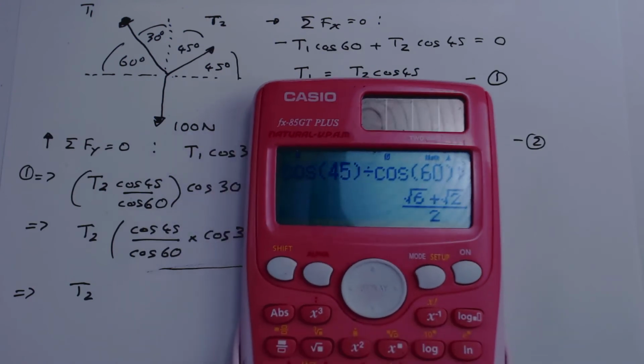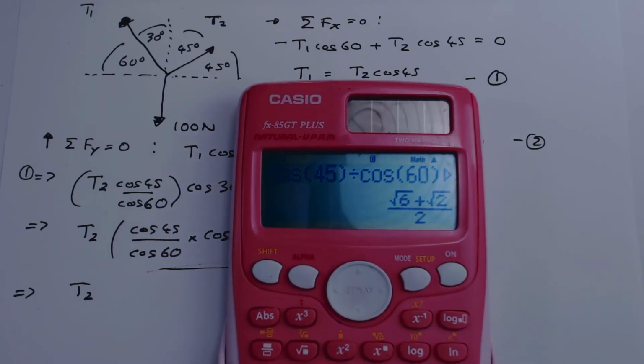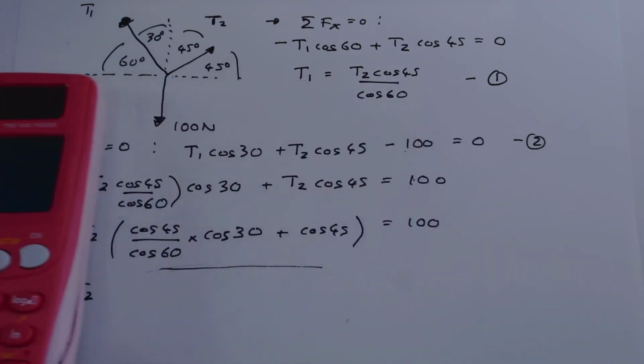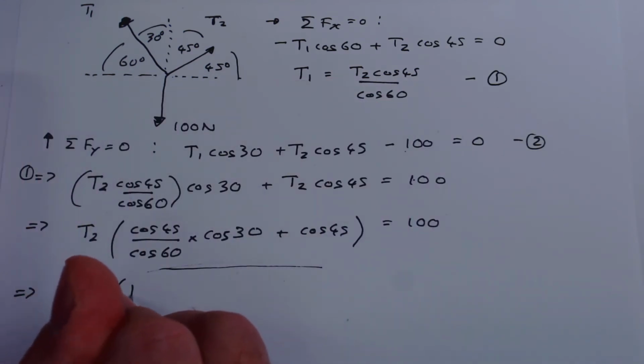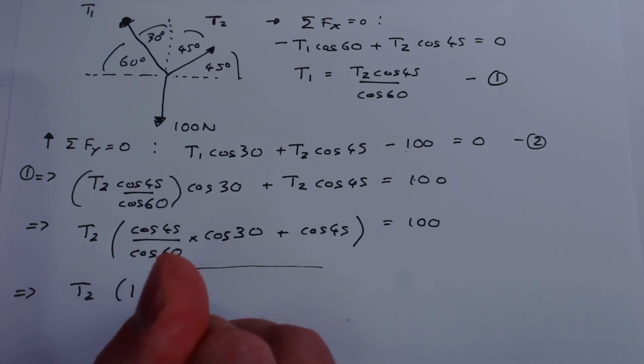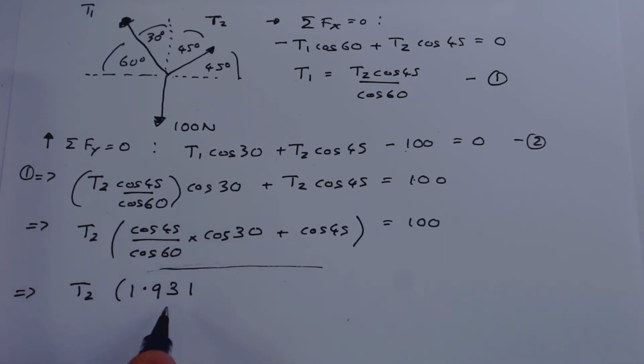Oh, look, my calculator wants to tell me the answer in irrational numbers, but I don't want that. So I press the SD button and I get 1.931. If you're doing it this way, always work to 5 sig fig. 1.931, that's 4 of them, and a 9 is the last one.